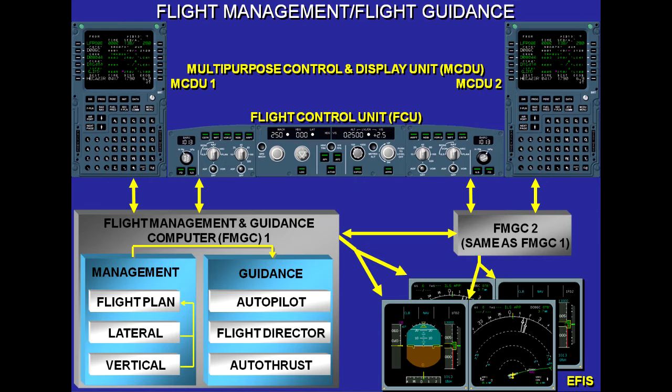Basically, the MCDUs provide the long-term interface between the crew and the FMGCs, e.g., flight plan selection and modification, while the FCU provides the short-term interface, e.g., engagement of the autopilot, flight director, and autothrust functions. Besides the MCDUs and the FCU, the main displays presenting flight management and guidance information are the EFIS displays.